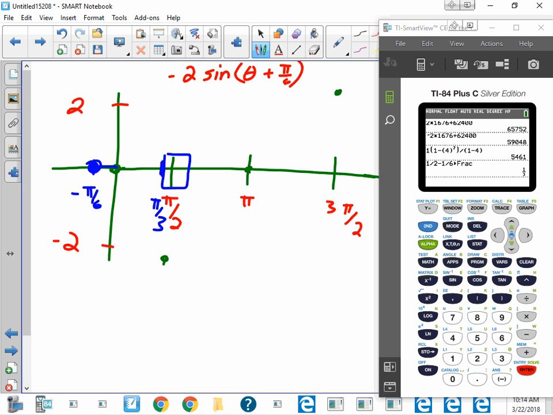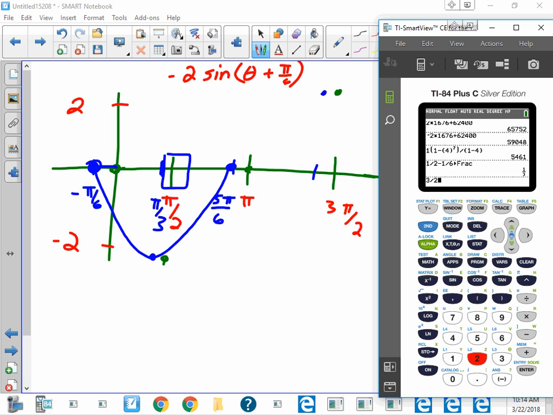And I'm going to go from here to here. Where's my next point going to be? Pi minus pi over 6. What is pi minus pi over 6? 5 pi over 6. And that's going to be this point. Okay. My next one is going to be 1/6 to the left of 3 pi over 2.